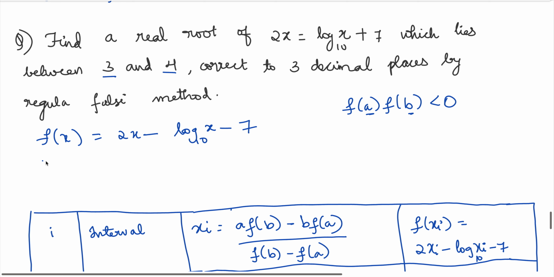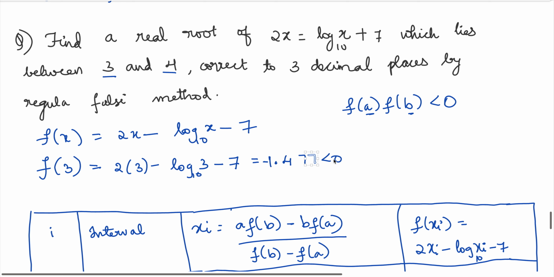So f of 3 is equal to 2 into 3 minus log 3 to the base 10 minus 7, which gives us minus 1.477, which is less than 0.